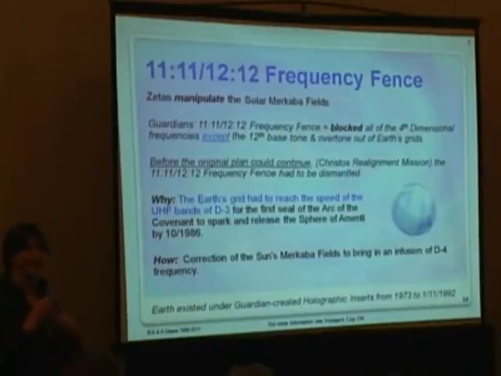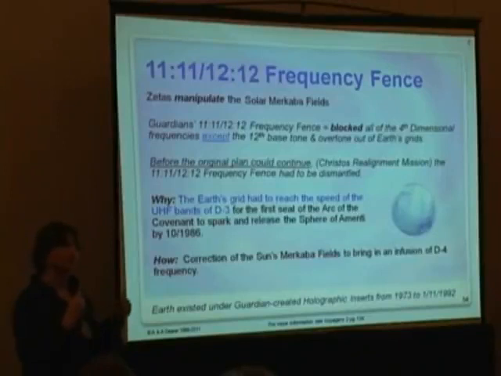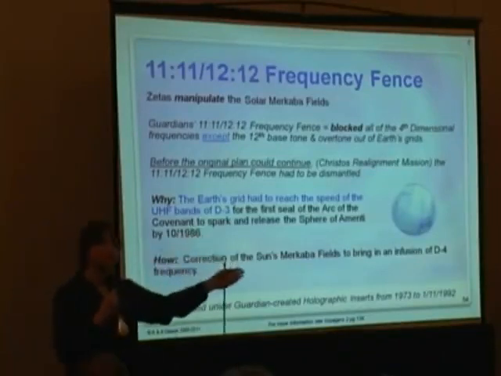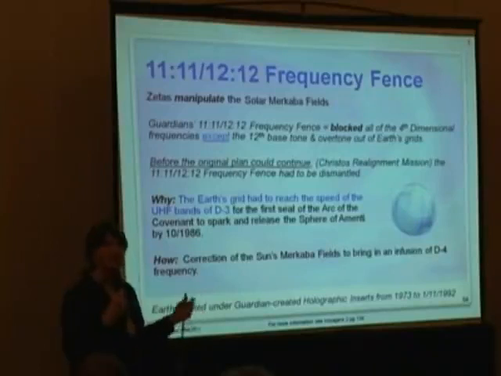So it can be that real. But a holographic insert is like somebody giving you a big television show, something that somebody wants you to see or experience. And you experience it because the DNA is activated to do so.